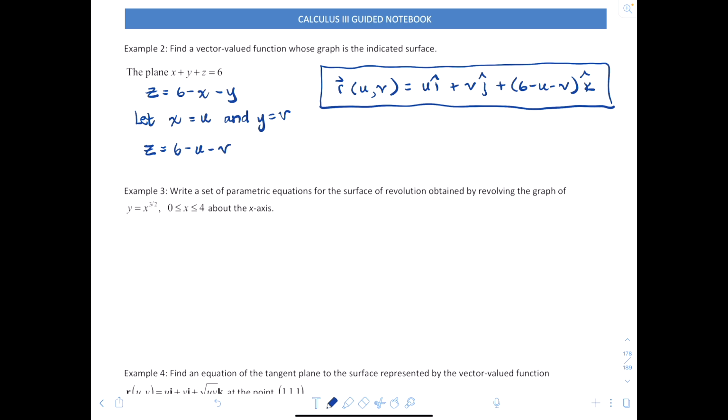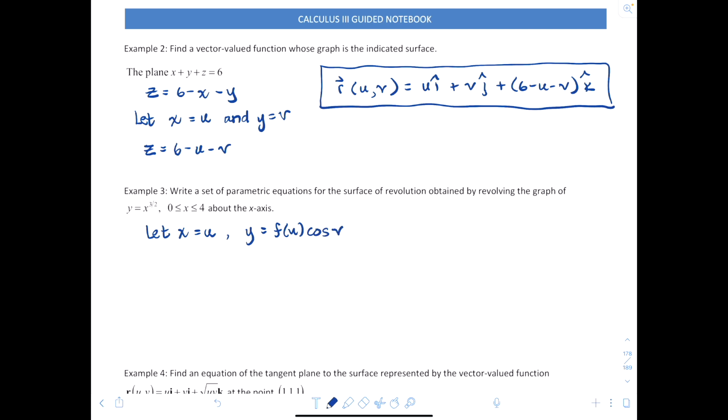Write a set of parametric equations for the surface of revolution obtained by revolving the graph y equals x to the 3 halves, where x is between 0 and 4 inclusive, about the x-axis. So you might have to look it up a little bit, but if we let x equal to u, then it turns out that y is going to equal, remember, f of u times cosine of v.